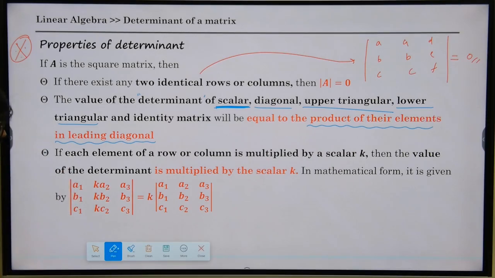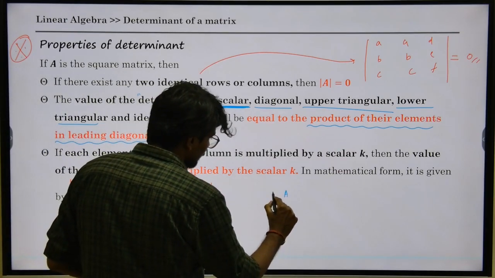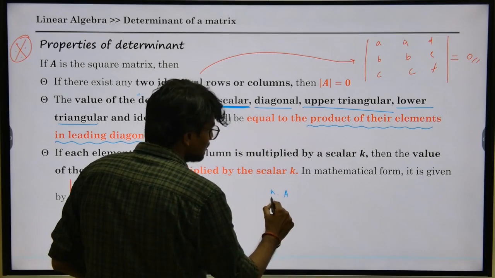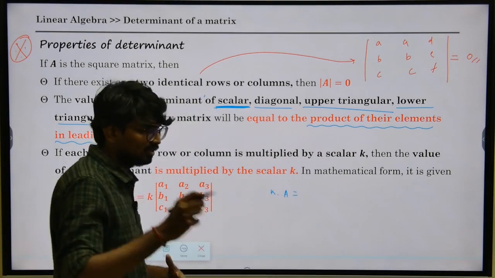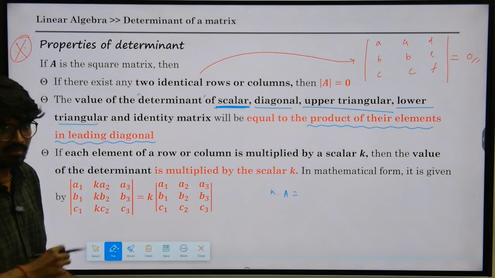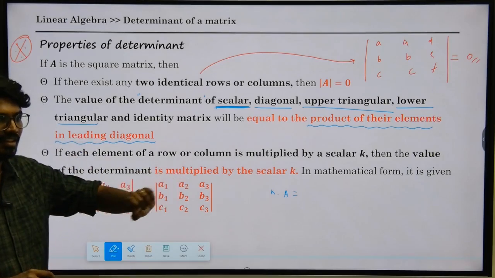Okay, 2. See, what about this? I hope you could recollect this. If I take a matrix A and multiply it with a scalar K, I need to multiply with each and every element.